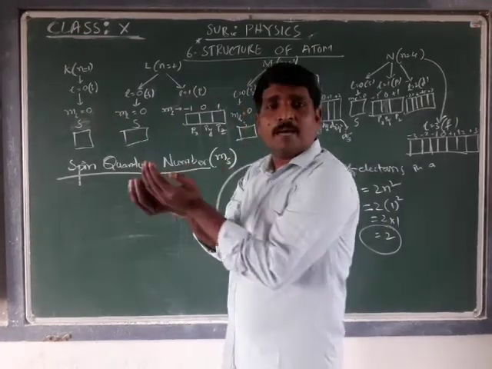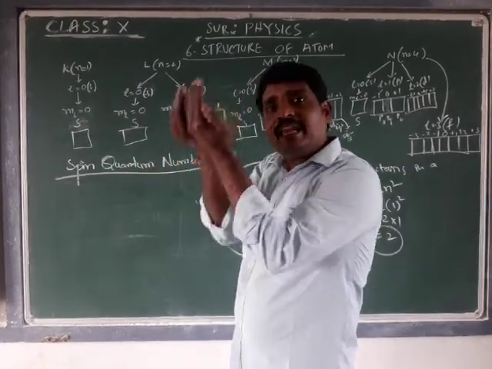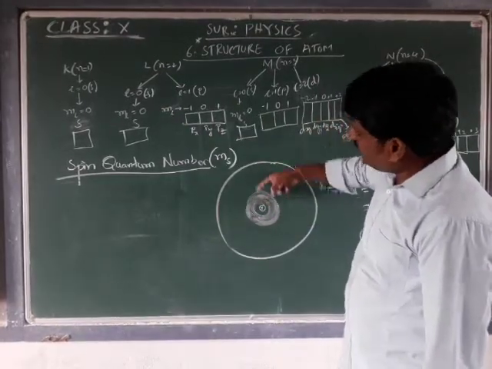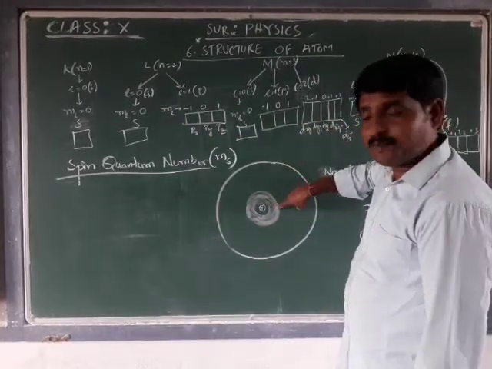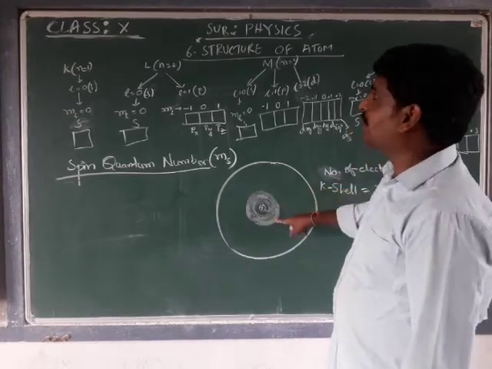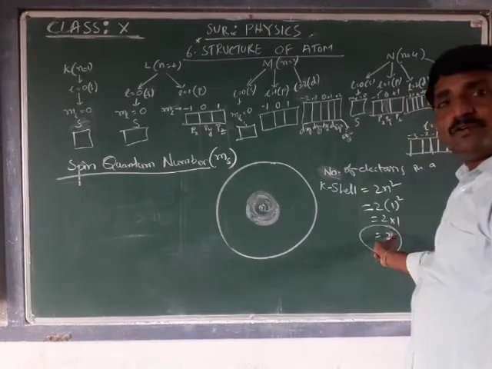That means it is in the shape of a sphere. In the K shell, S subshell, we have one orientation in the form of a sphere, and in that orientation there is a chance of having 2 electrons.